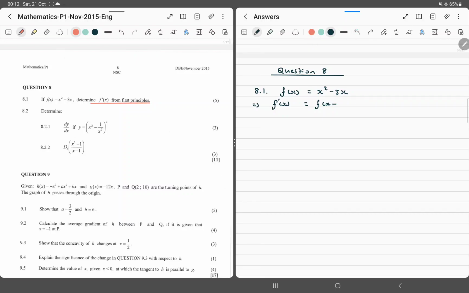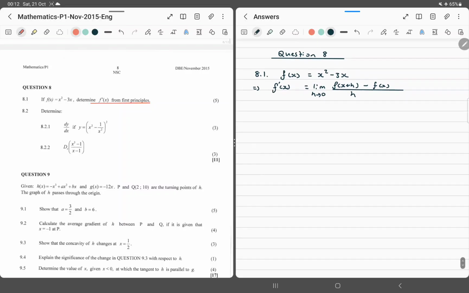Okay, that is wrong. I'm jumping the gun. This is equal to the limit as h tends to 0 of Sir Isaac Newton's quotient. Now that is good.